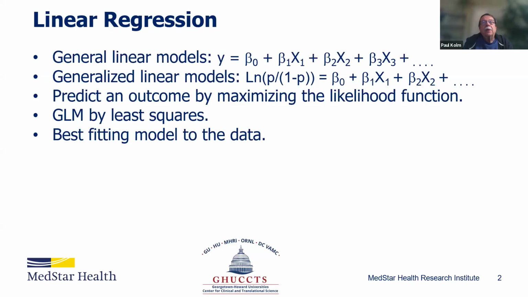And then the betas are the regression coefficients that indicate how the independent variables are related to the dependent variable.